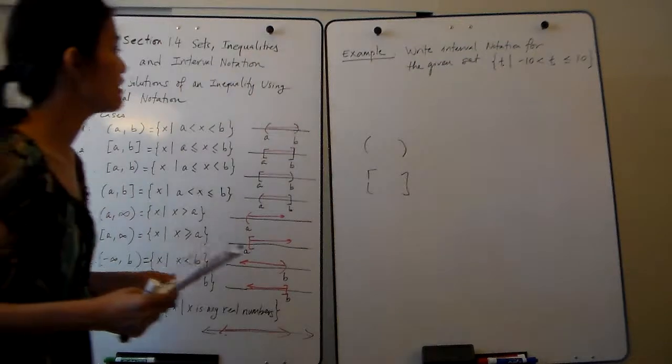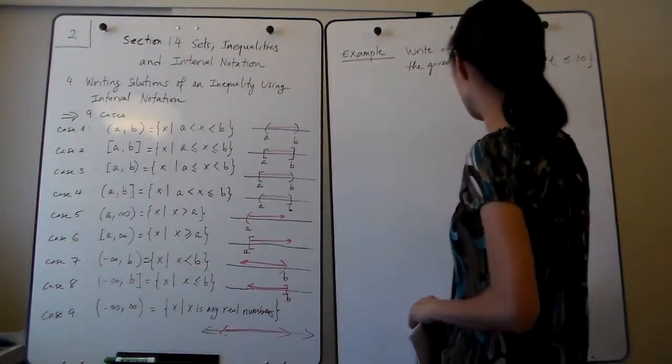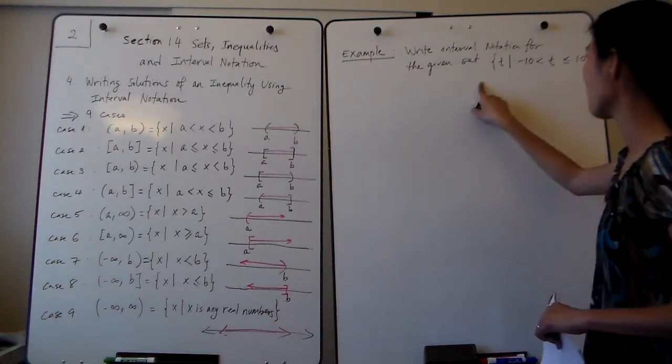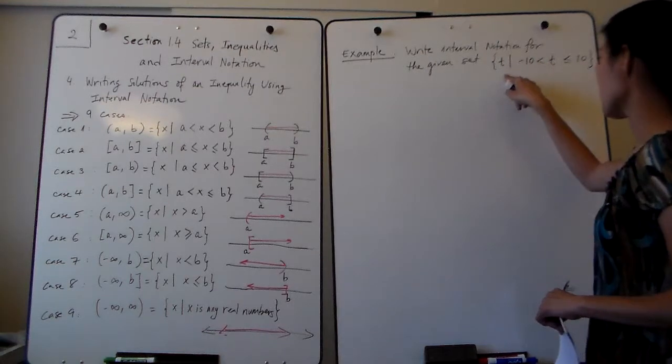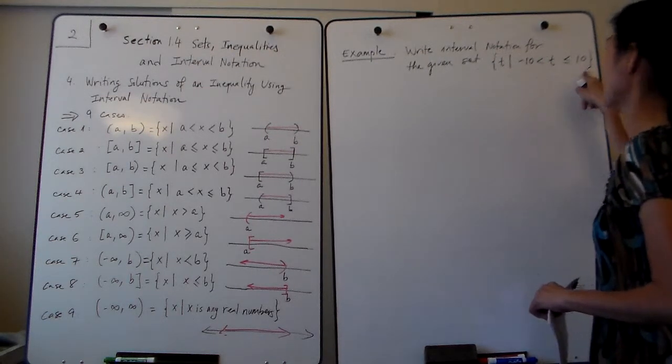Okay. So I have the example here. Write interval notation for the given set. This is the set notation: t such that t is between -10 and 10.